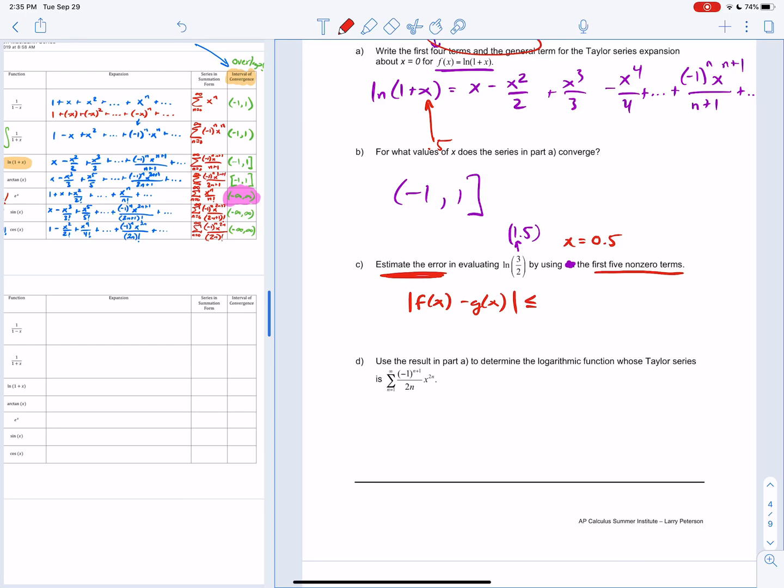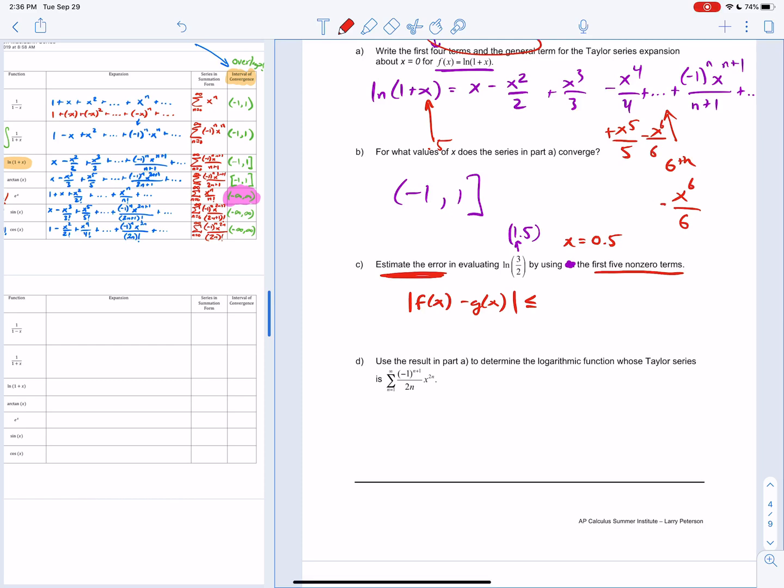So if we're estimating the first 5 non-zero terms, what's the maximum error, right? If we're using the first 5 non-zero terms, we're going to have to use the 6th term. The 6th term is going to be x to the 6th in this case over 6. And I believe, hang on, this is going to be plus x to the 5 over 5 minus x to the 6 over 6. So it's a negative.